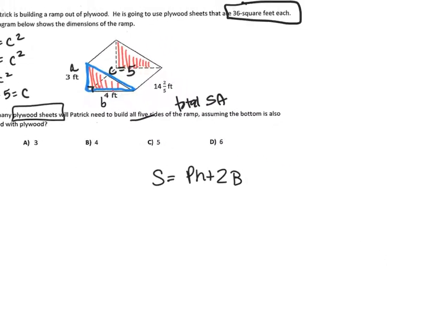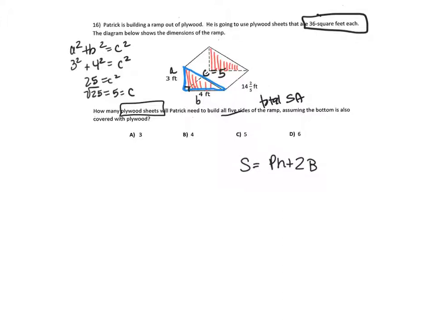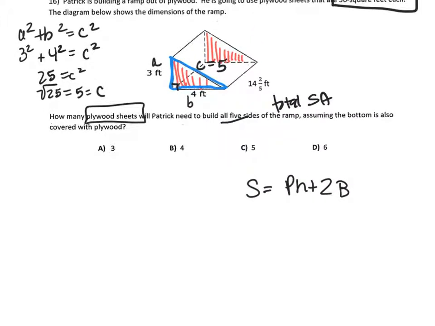Okay, but so now let's go through and break this formula down. So perimeter we need, the height we need, and the area of the base we need. So perimeter of the base, since it's the triangular prism, we've got 3 plus 4 plus 5. And that gives us 12.